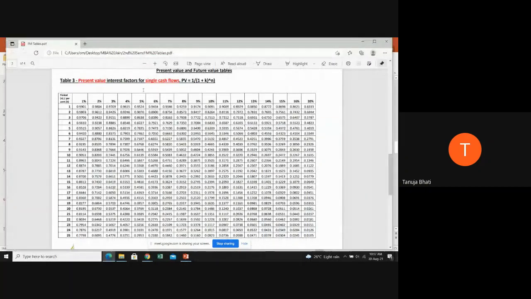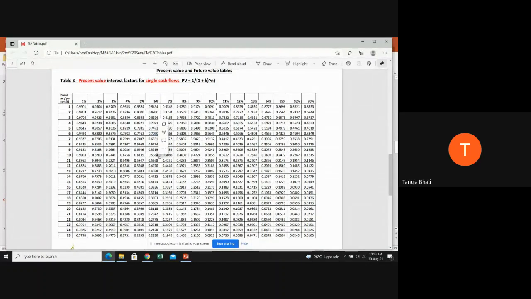See, students, whenever a particular table is given, you have the rate of return and you have the number of years. But now this method is to find out the rate of return. The number of years will be given in the problem. Corresponding to that, you have to see the PV factor.